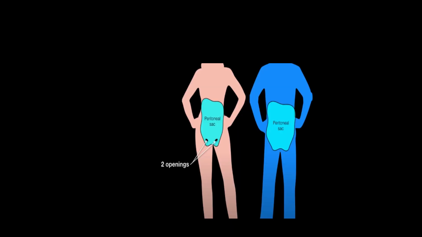So now coming to our familiar gynecology, if you notice this figure, the left side is the female in pink, the right side is the male in blue. If you notice their peritoneal sacs, there is one major difference between the peritoneal sac of the female versus the male. The male's peritoneal cavity is a completely enclosed balloon with no opening at all.